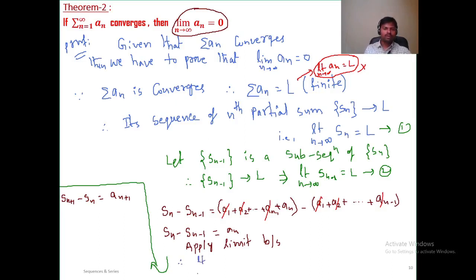Limit n tends to infinity Sn minus 1 is equal to limit n tends to infinity an. What is the limit n tends to infinity of Sn? L, right? Look at from 1.